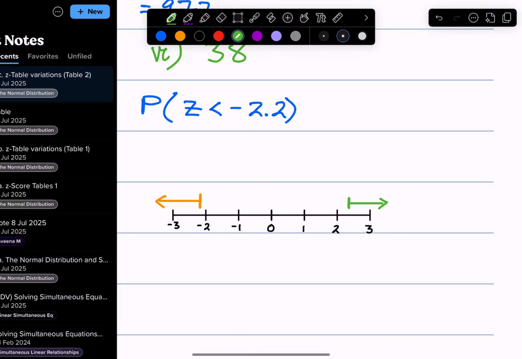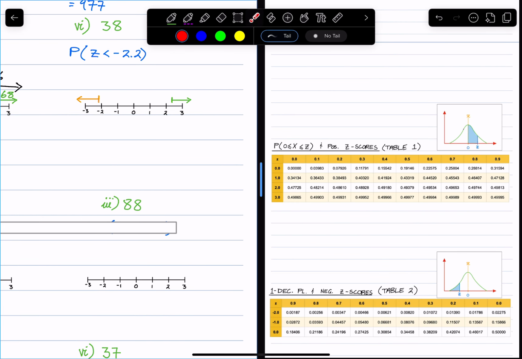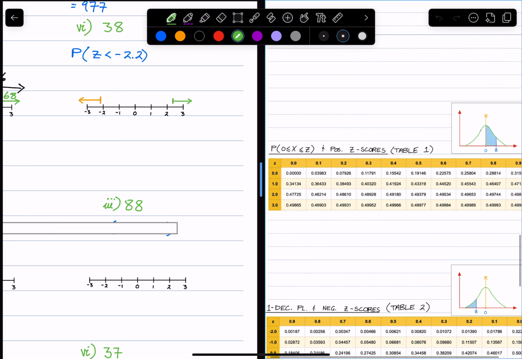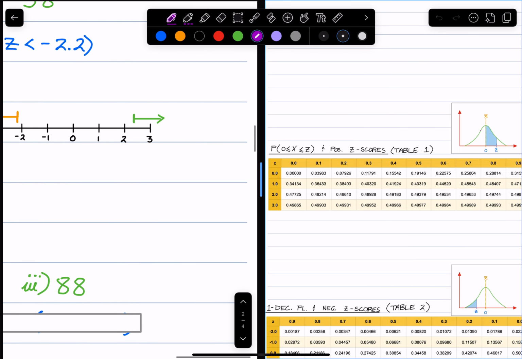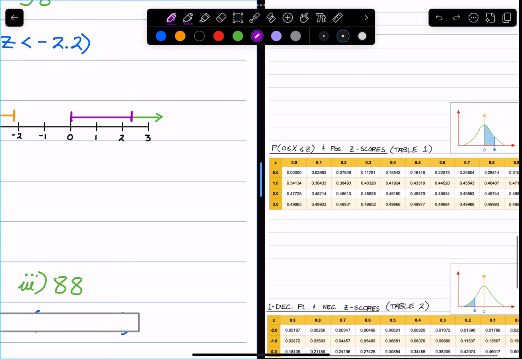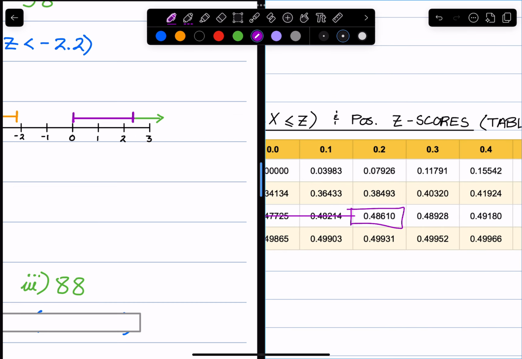Now, for this table, we can only find positive z-scores up until the middle. So positive z-scores to the middle is from this z-score up until 50%. So in purple, we can find here 2.2.